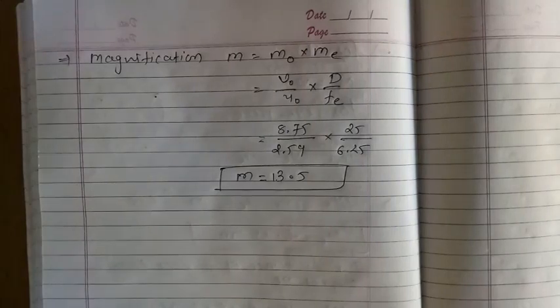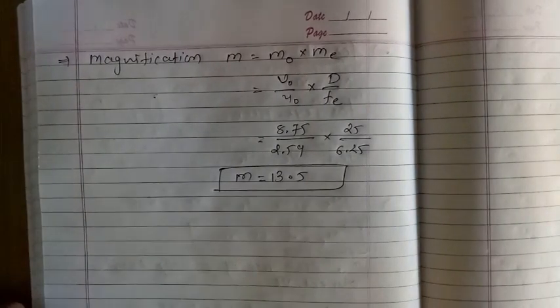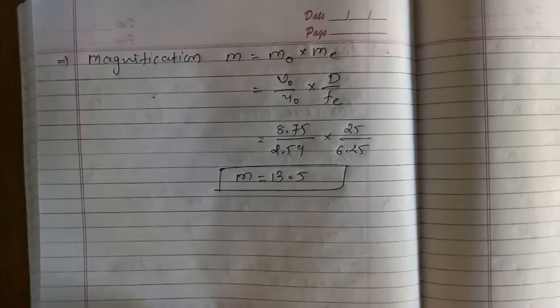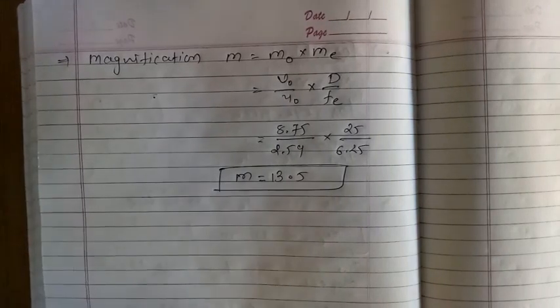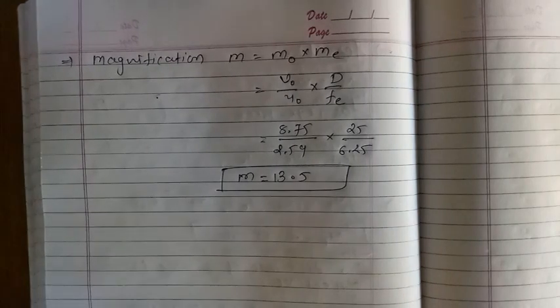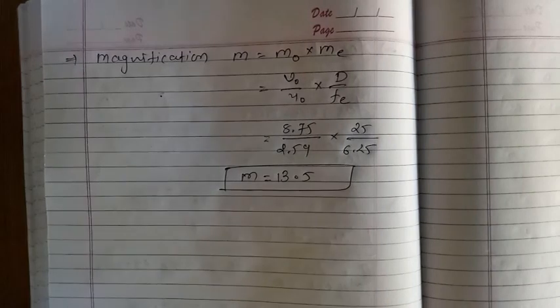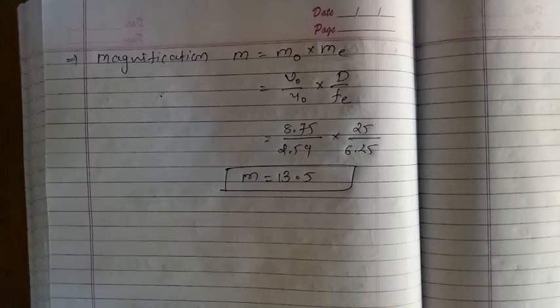So this is a very easy example. We have to find out the object distance for objective. To find that, we know the image distance from the eyepiece. So first of all, we have to find out the object distance from eyepiece. Then we subtract this distance from the total distance between objective and eyepiece.